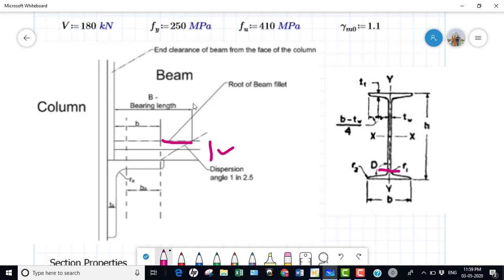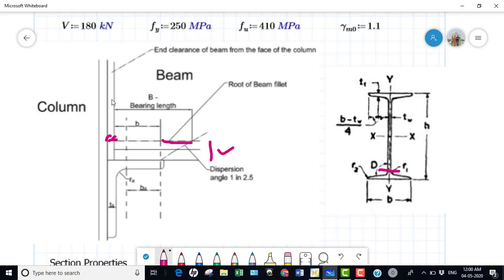So the bearing area is to be calculated, and from the bearing area we come to know the bearing length, from which we know the minimum bearing length required on the cleat for the beam to transfer the shear. Therefore, to the bearing length B, you add a small gap or clearance to be provided between the column flange and the beam. This clearance is approximately 10 mm. The purpose of the clearance is to give a tolerance if there is any variation in the beam length, or any thermal expansion, that has to be taken into account.